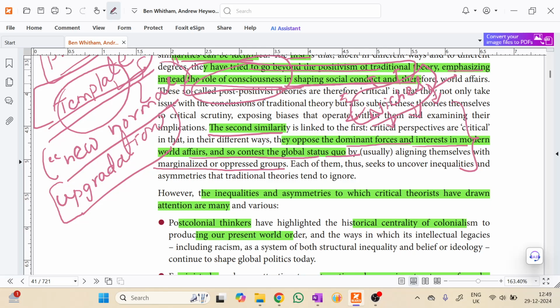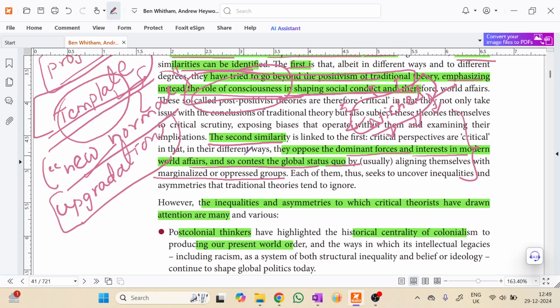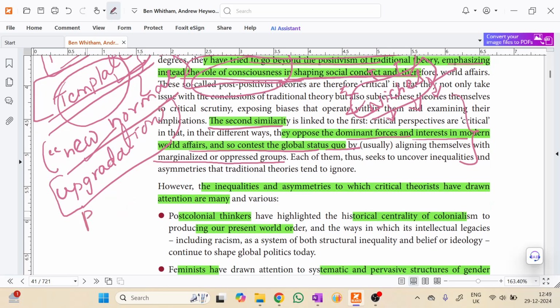So this upgradation is going on, and now all the new schools are giving the power back to the people.